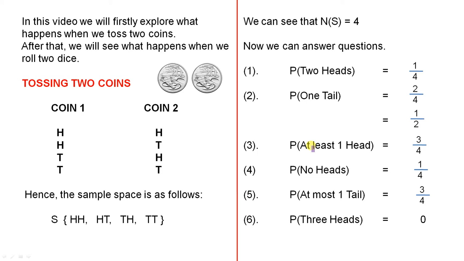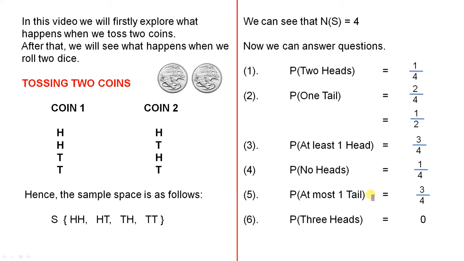The probability of at least 1 head. Now at least 1 head means 1 head or 2 heads, because it says at least 1. So there are 3 possibilities there, so that's 3 over 4. The probability of no heads, well that's the only one here with no heads, so that's 1 over 4.